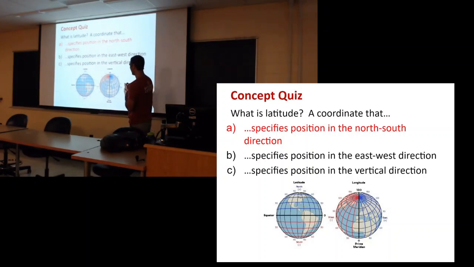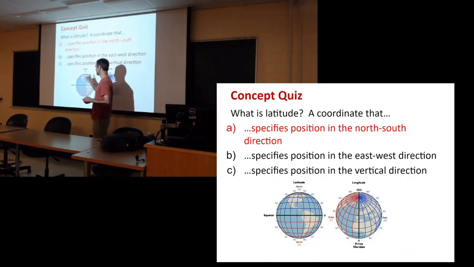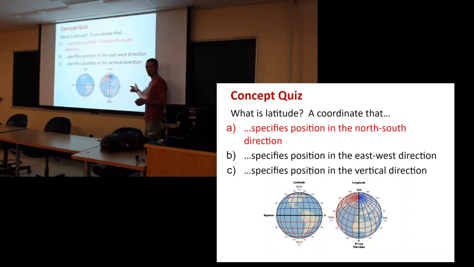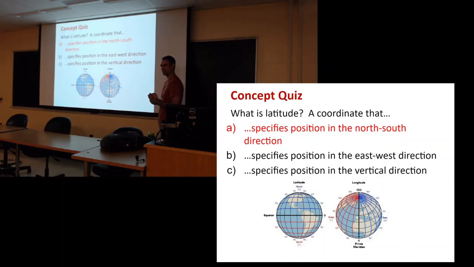Although lines of latitude go east-west, it's specifying directions north-south. And so that may seem obvious to you, but this is actually a common sticking point for students, that although the latitude lines are going around the Earth like this, it's measuring this way.